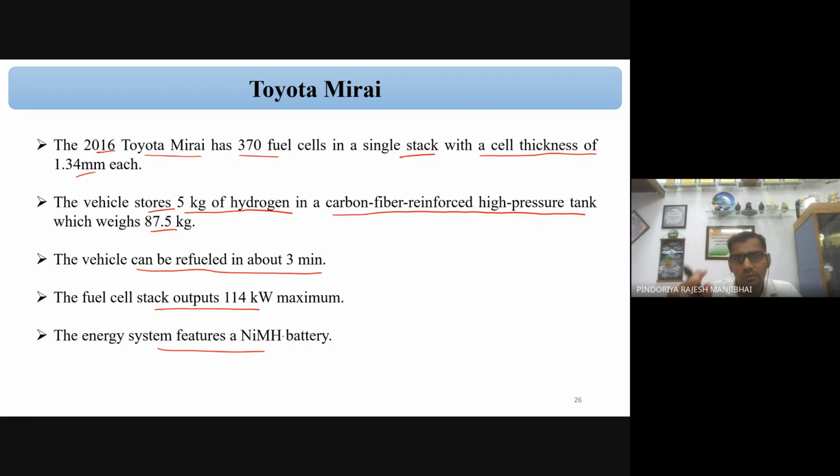So this is the practical example from 2016. I will add the latest 2025 model in the PPT, correct? Once I share the PPT, I will update it with the latest model of the hydrogen vehicle. This one is around 9 years back.